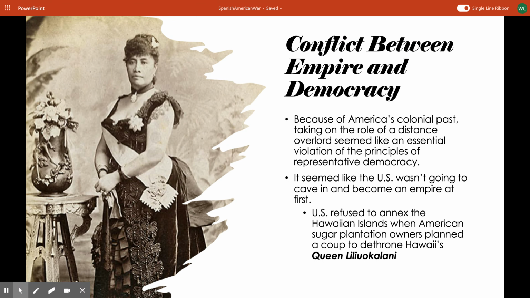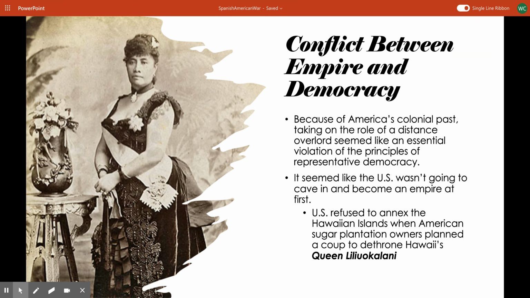So we're going to talk a little bit about this conflict between empire and democracy. In the late 19th century, the nations of Europe, as we've discussed, were competing for overseas colonies in Africa and Asia. Many Americans thought that the United States should also enter this game of empires and demonstrate its growing power to the world. But the United States hadn't really forgotten its own colonial past.